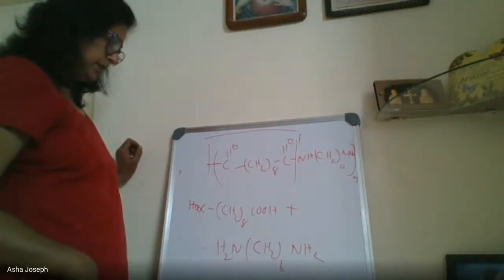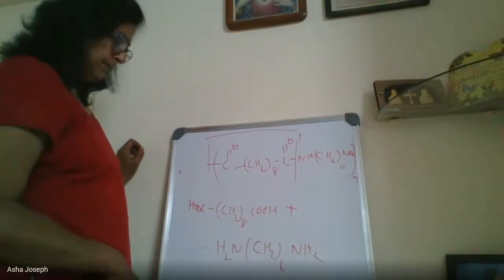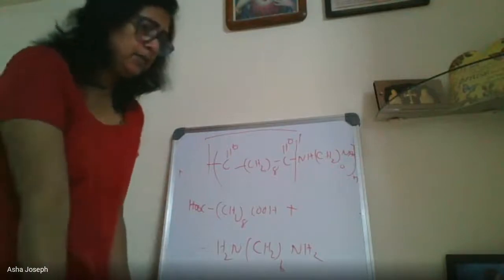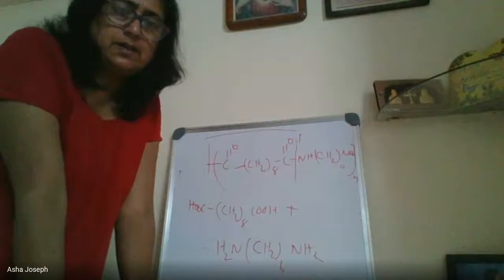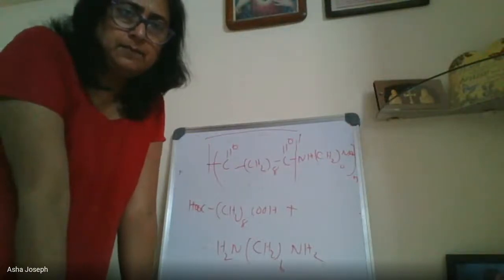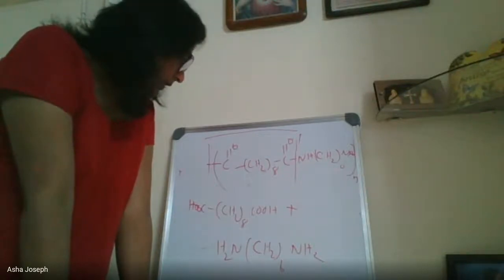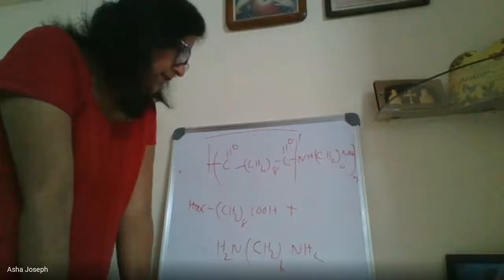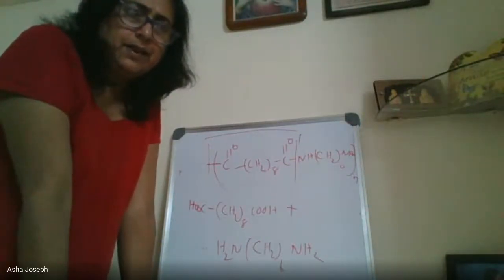So you can say octane dioic acid, the IUPAC name. 8 carbon atoms are there, and with the two carboxyl carbons it is 10 carbon atoms, isn't it? So decane dioic acid.